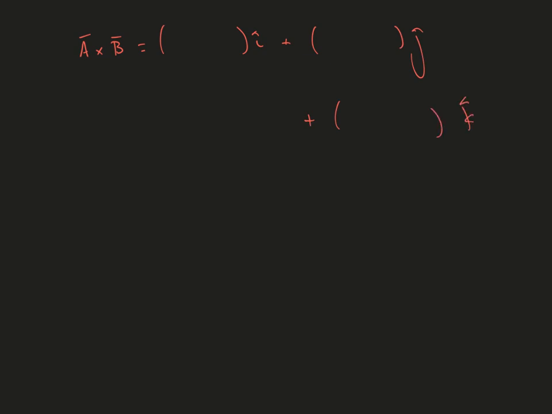And this term is AY BZ minus AZ BY. And the term in the J direction will be AZ BX minus AX BZ, correct?